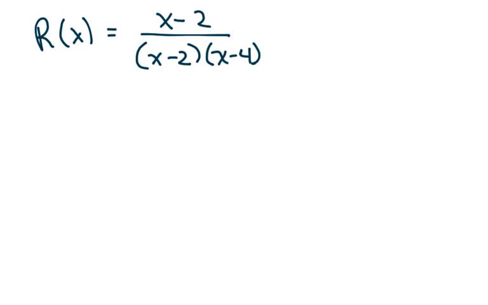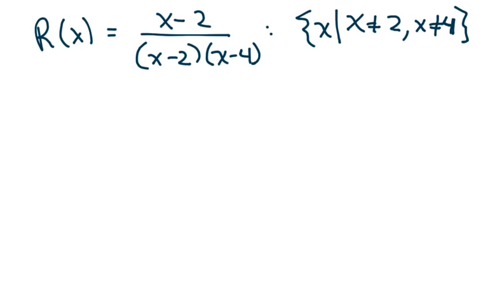Now from algebra, pre-cal or algebra 2, you should know that the domain of R is all real numbers, with the exception that x cannot be 2 and x cannot be 4, because you cannot divide by 0. If you plug these numbers in at the denominator, you get 0.